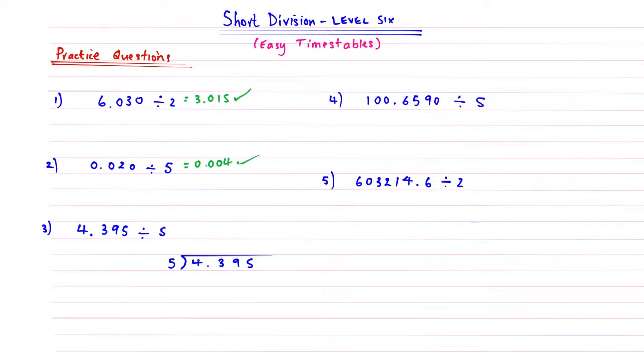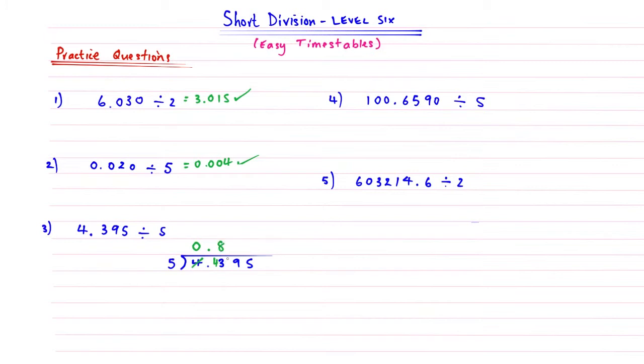Okay, so if we approach question number 3 then. In this question, we've been asked to divide 4.395 by 5. So let's take each digit in turn. 5's into 4. Well, 5 is too big, so we need to write a 0 above the 4. And now I'm going to carry the 4 and put it next to the 3. Now we're going to line up our decimal points. Now we ask ourselves, how many 5's go into 43? Well, 5 times 8 is 40, so it's going to be 8 times.